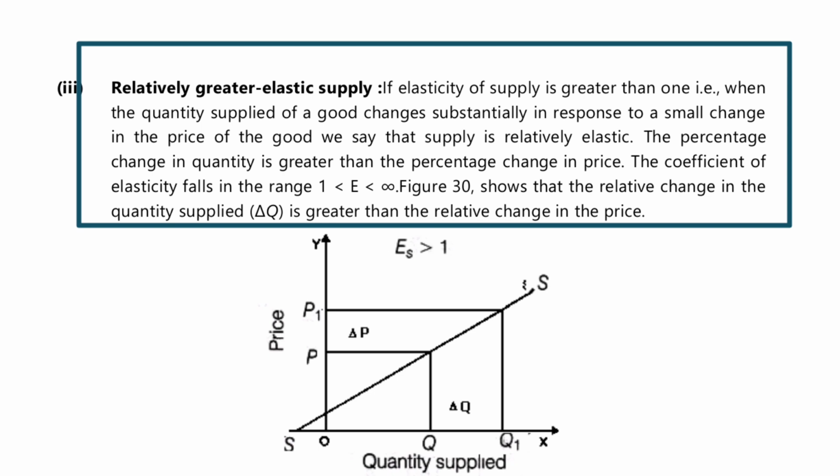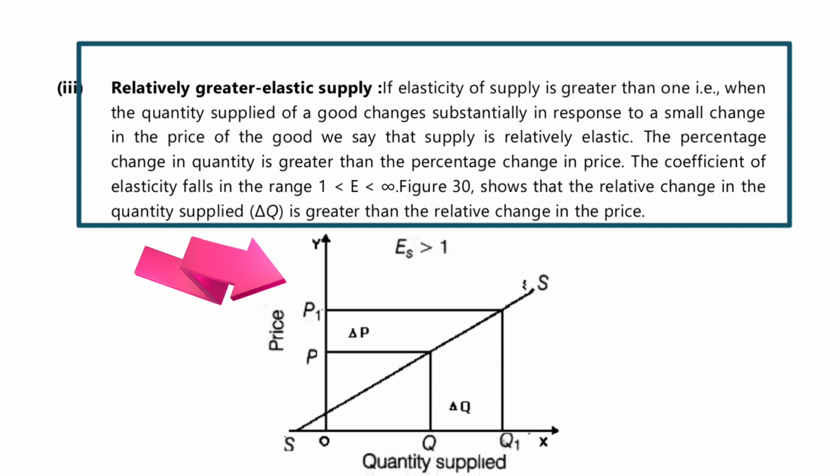Now in the third case, relatively greater elasticity. Again, there is a figure 30 which helps you to show this. On the y-axis you have the price, on the x-axis you have the quantity. For OP, the supplier is ready to give OQ amount of commodities. When the price increases to OP1, the quantity ready to be sold in the market is OQ1.